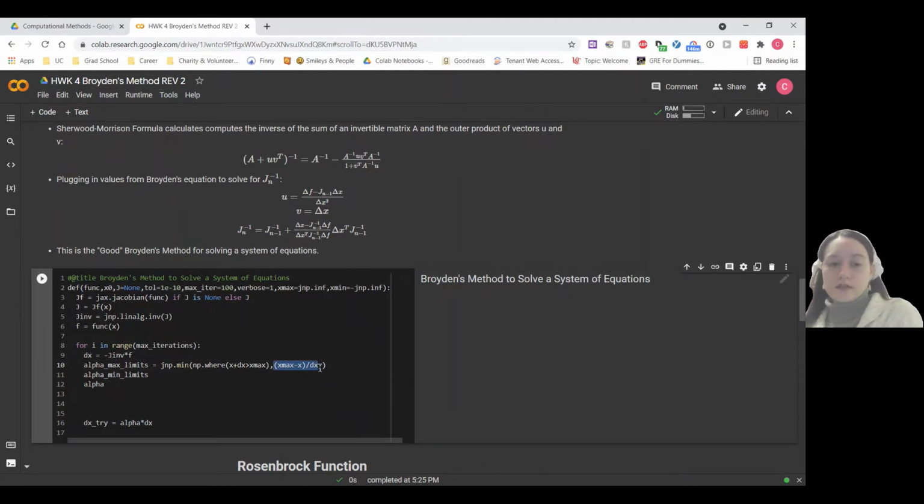Now instead of dx being just dx, it'll be x max minus x over our previous dx. But it's possible that we don't have a case where x plus dx is greater than the maximum. If that's the case, then when we're calculating our dx try, we just want alpha to be equal to 1, so that we still just get dx. So that's the case if this is not true.